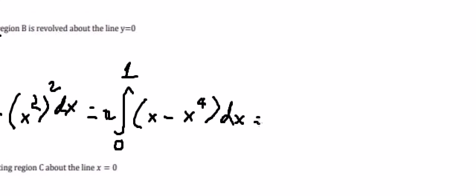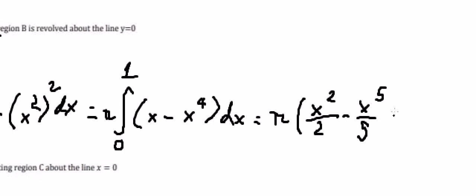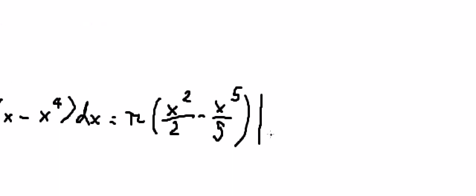And we get the final answer. The integral of x gives x squared over 2. This one is x to the power of 5 over 5. And we have the bounds here, from 0 to 1.